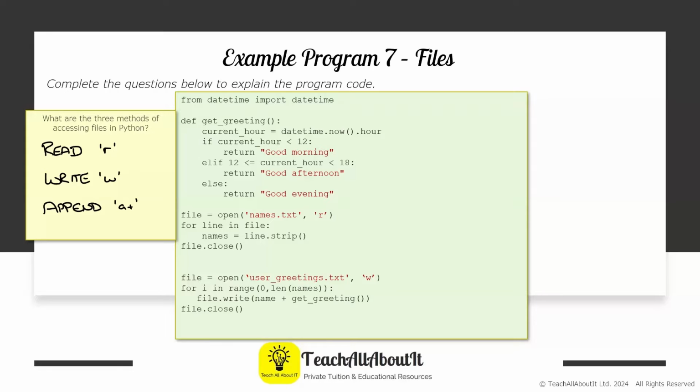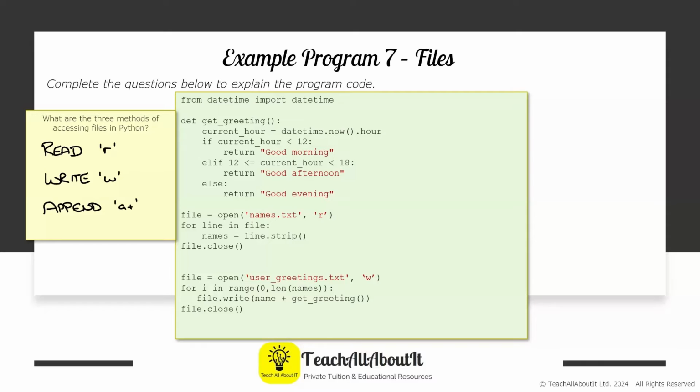Appending will then add to the end of the file and won't change any of the original data. Appending can be really, really helpful. Sometimes we use the write because we've read all of the data into an array and then we've added to it or we've changed the array, and so therefore we write to the whole file and we start again.